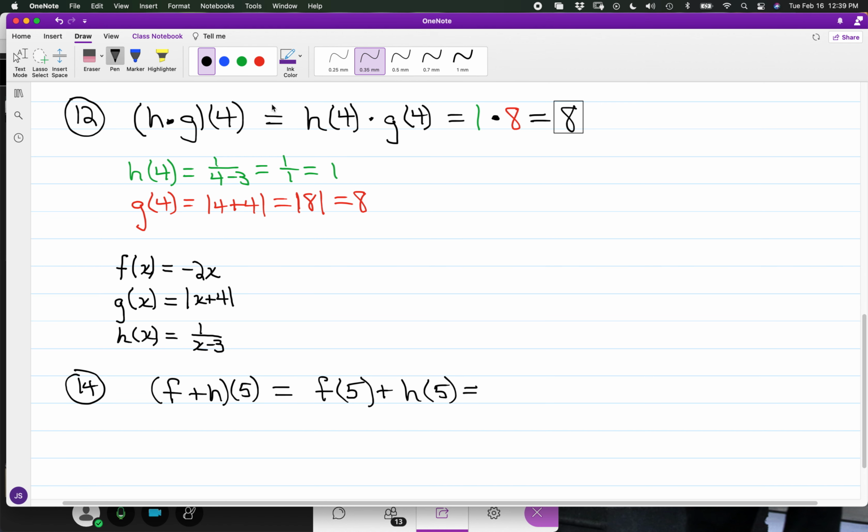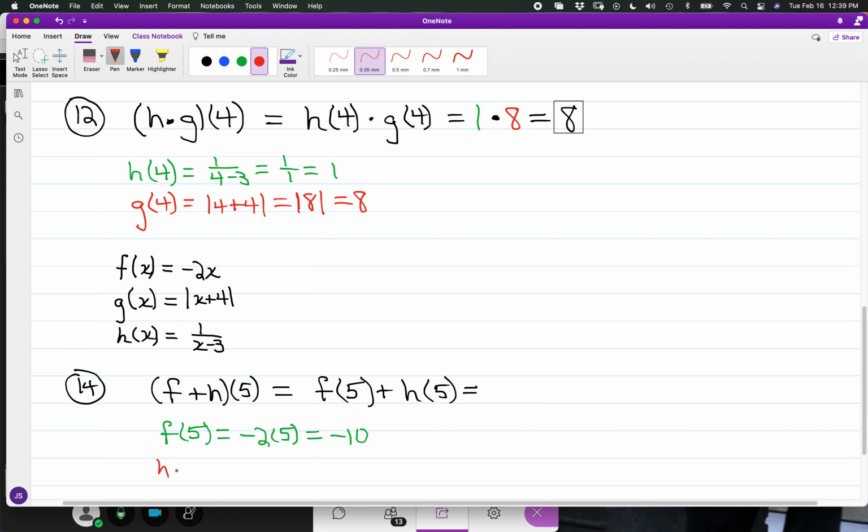Let's itemize in case we need f of 5 and h of 5. Again, f of 5 you attain by plugging in 5 for x, referencing f of x. So f of 5 is going to be negative 2 times 5, which is negative 10.